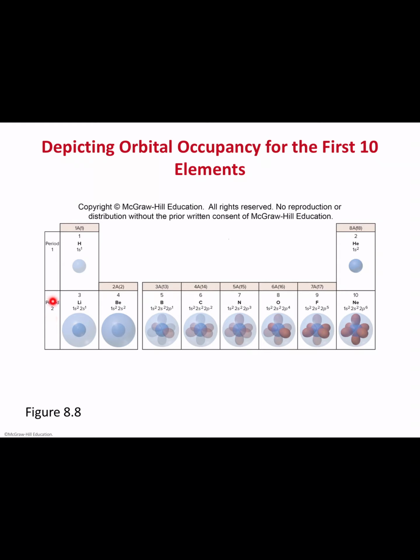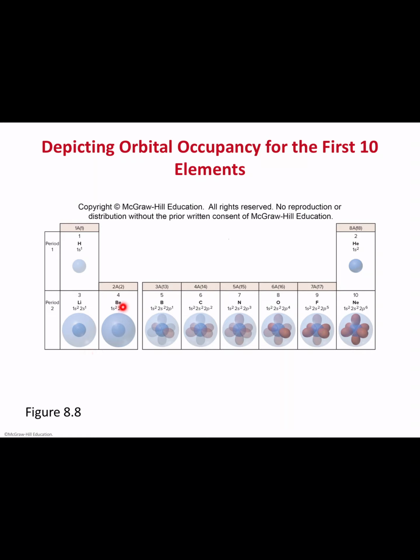Then potassium would be in period 3, that would be 3s1. So it has the same outer configuration. Sodium would be 3s1, potassium would be 4s1, and so on.